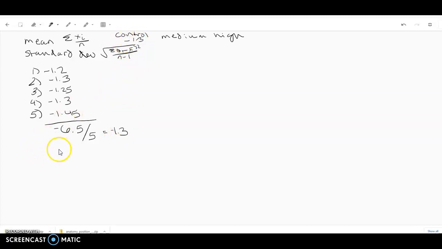And then to get the standard deviation, you're going to take each of those values and subtract the mean from it.